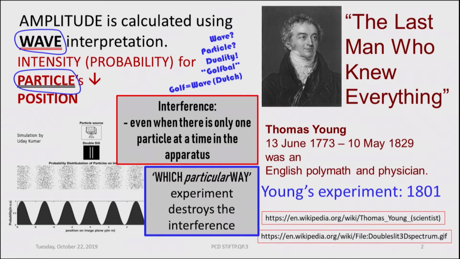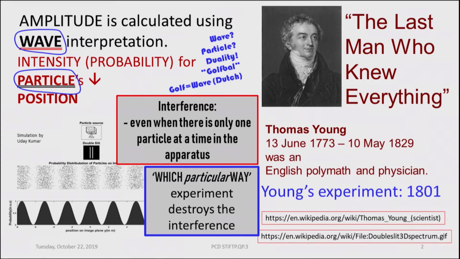And then if you perform a which way experiment, if you try to find out from which particular slit the particle has gone, then the interference disappears. So, when you perform an experiment in which you have some mechanism to know from which slit the particle has gone, and you can do it easily by simply putting a shutter on one, and then you know that it has obviously not gone through this slit where you have the shutter, then obviously it has gone from the other.